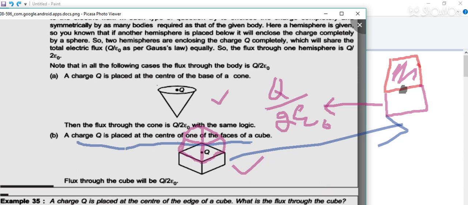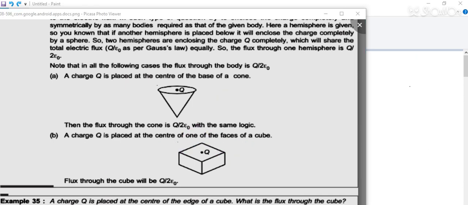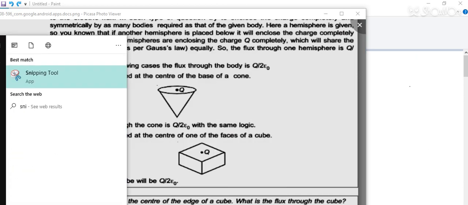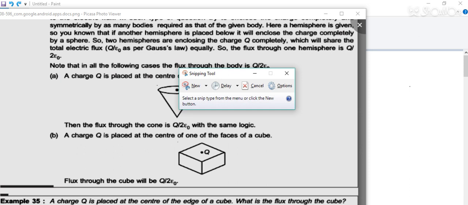I will try this question, this diagram, so that I can draw this diagram on the right hand side of this. Okay, wait, so that you can easily understand. Just wait for 1 minute.